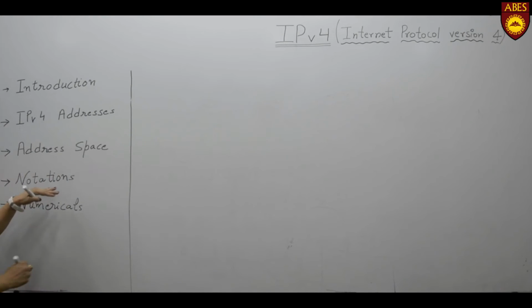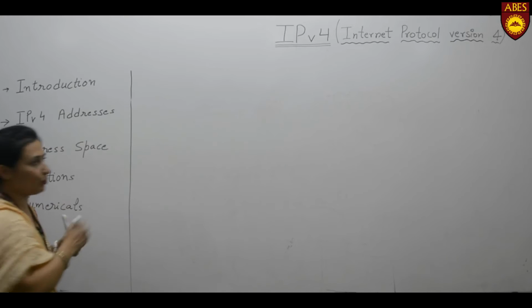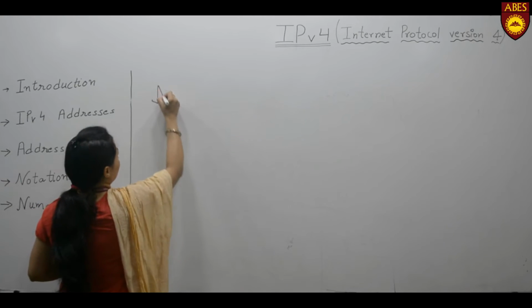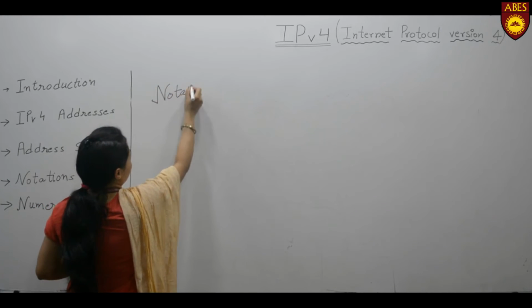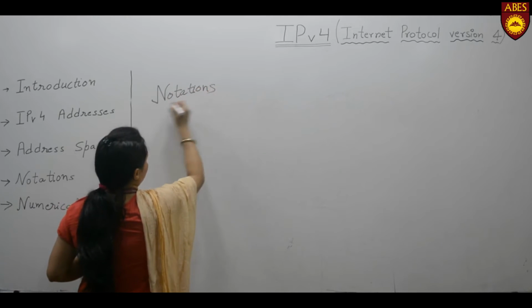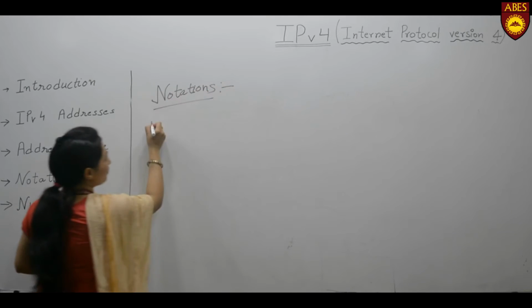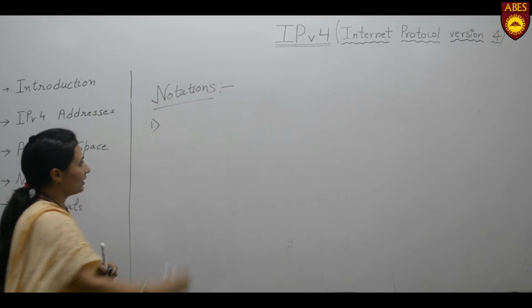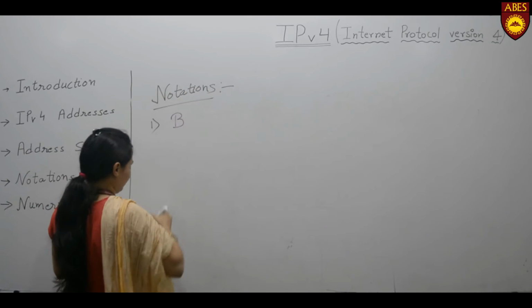Next topic comes the notations used for the IPv4 addresses. There are two types of notations used for IPv4 addresses. First is the binary notation.